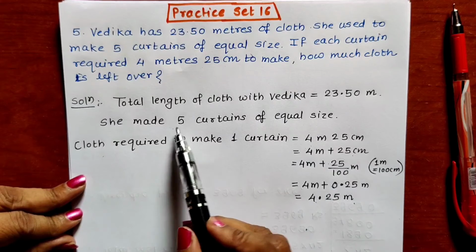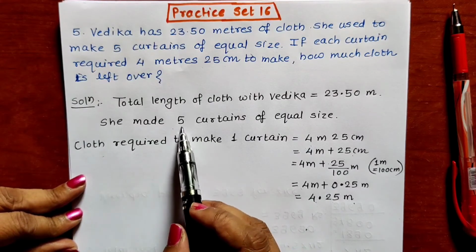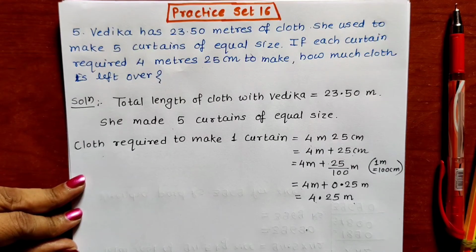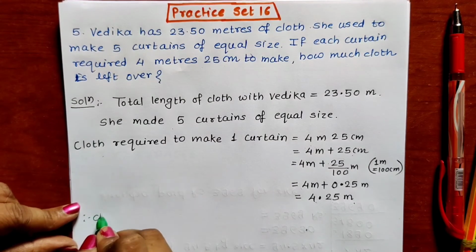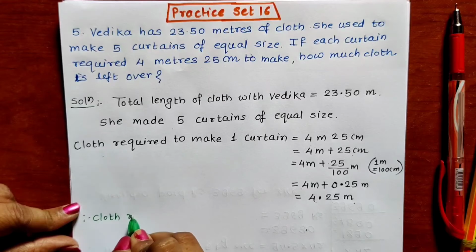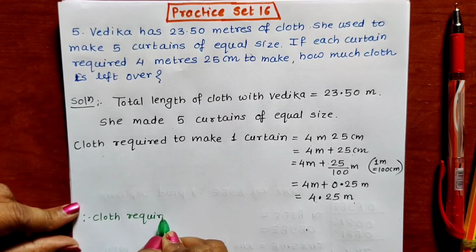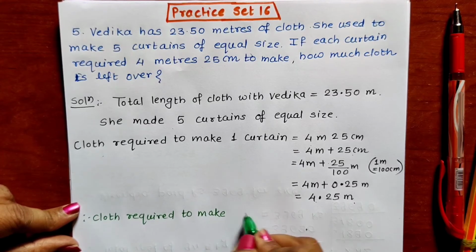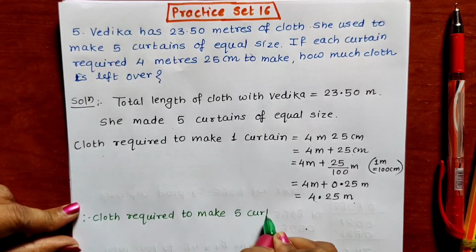How many curtains did she make? She made 5 curtains. So total cloth required for 5 curtains, we will find out that first. Therefore, cloth required to make 5 curtains. What we have to do?